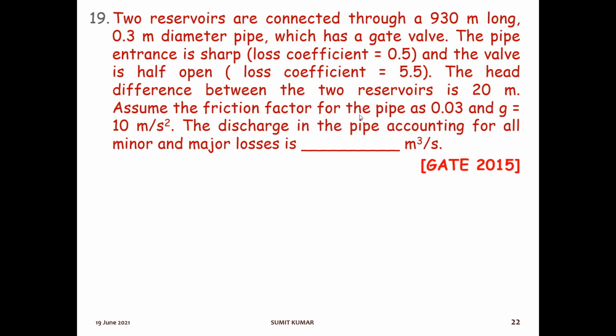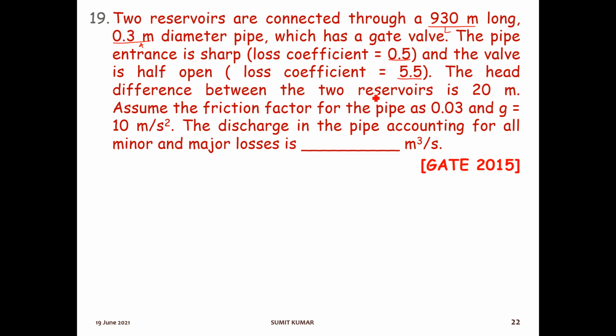Now here is question number 19. Read this question properly. What is the question saying? Two reservoirs are connected through a 930 meter long pipe. This L is 930 meter, diameter is 0.3 meter, which has a gate valve to control the discharge. The pipe entrance is sharp, with coefficient 0.5, and the valve is half open with coefficient 5.5.